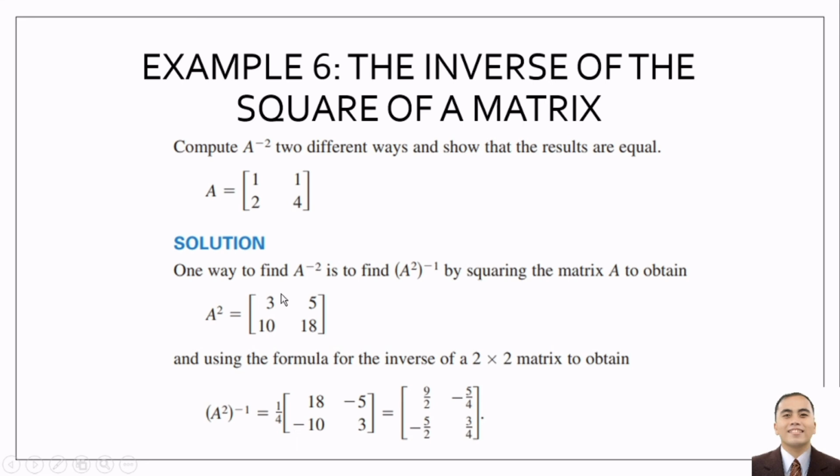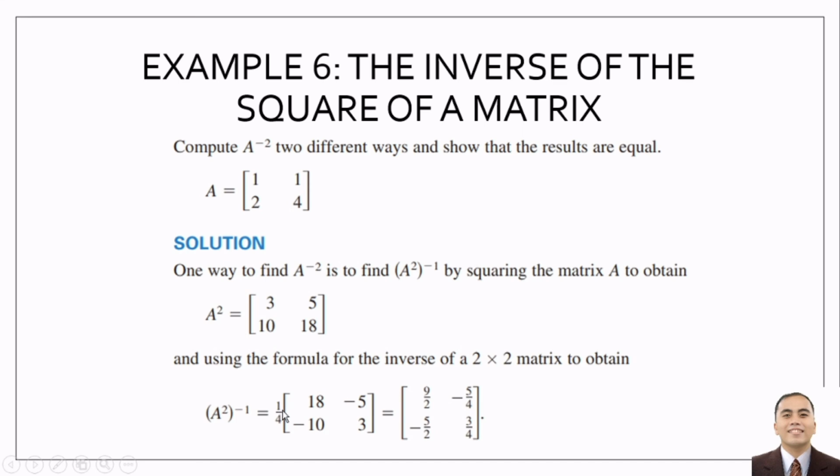So we have 3, 5, 10, and 18. Using the formula for the inverse of a 2 by 2 matrix, A squared raised to negative 1 is equal to 1/4 times 18, negative 5, negative 10, and 3.